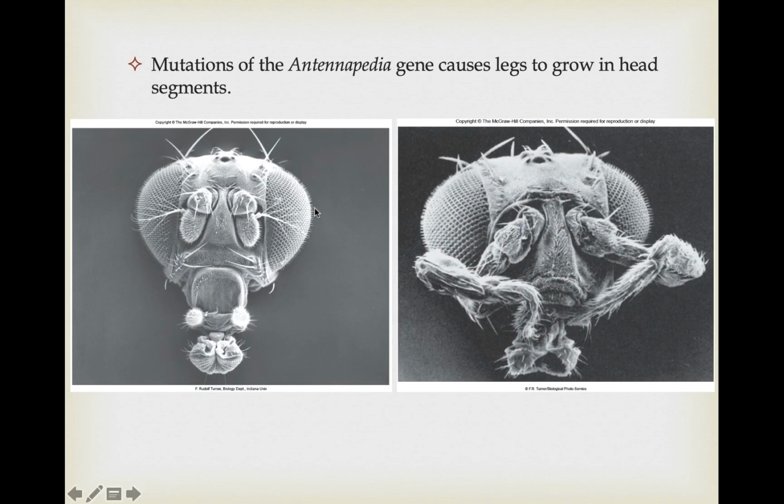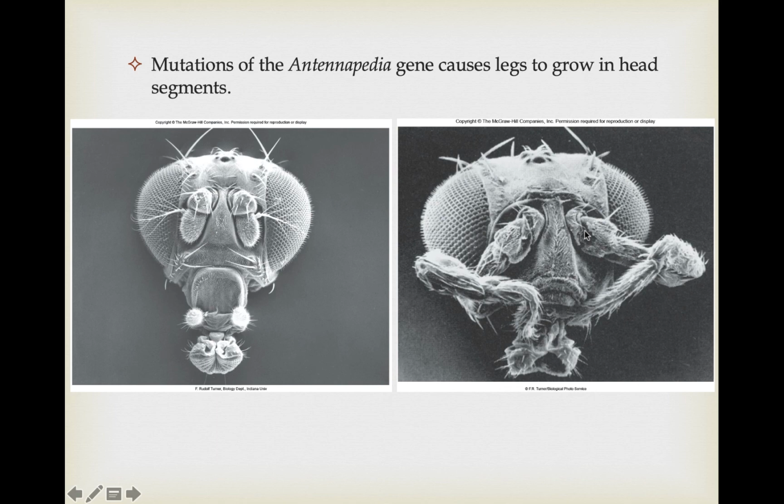And they've done some really cool studies looking at what happens when you get a mutation in one of these Hox genes. So one of the genes gets a mutation called antennapedia, which causes legs to grow in segments that they really shouldn't grow in. So that gene is responsible for production of a leg, but if you get a mutant of that gene in an anterior head segment, that gene is going to be expressed, and instead of getting antenna, you're going to produce legs.